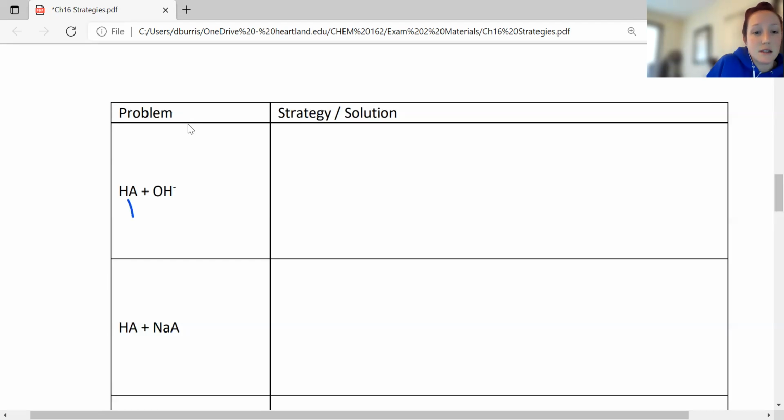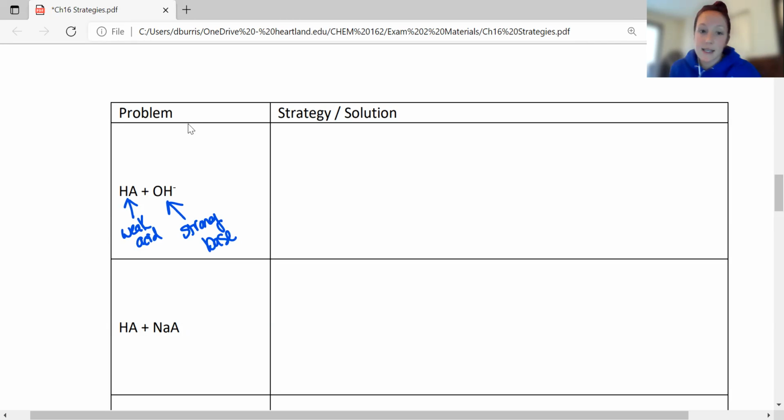But if you look, this is a weak acid, and I'm neutralizing it with a strong base. Even if you didn't recognize that this is probably a titration, you should know that a base is obviously going to neutralize an acid. So before you do an ice table, you first have to do a before change after table for the neutralization part.